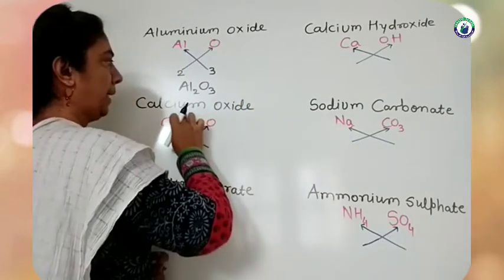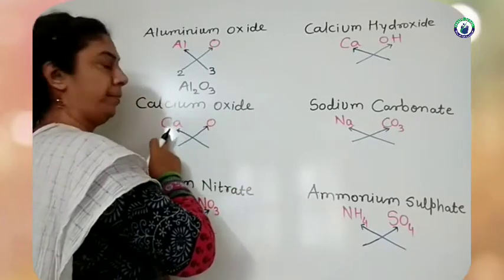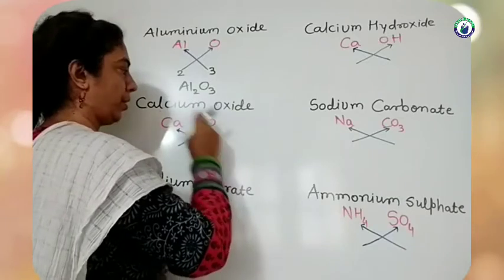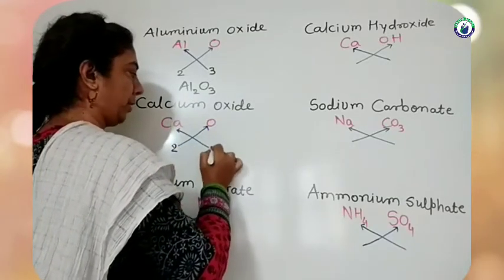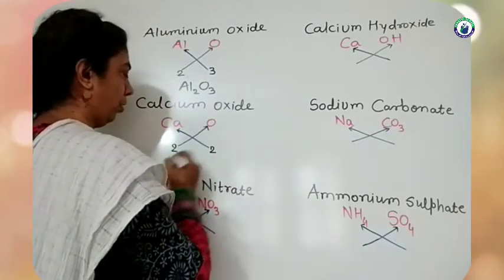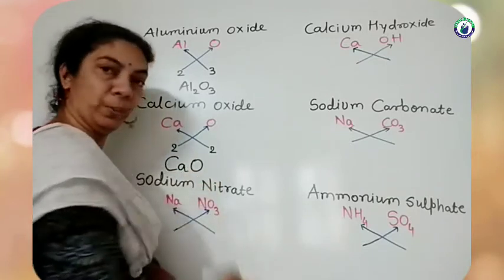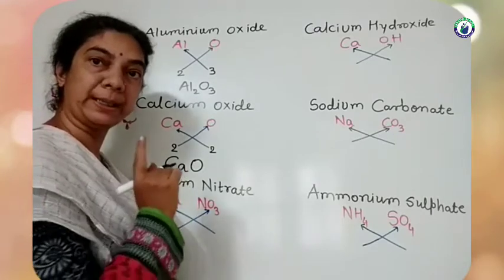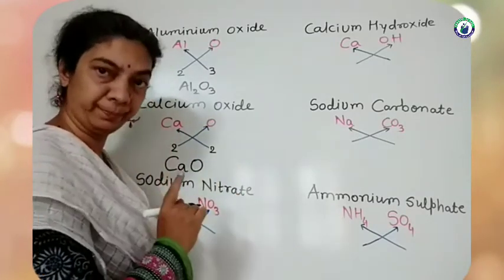Likewise, calcium oxide. Symbol of calcium is Ca. Oxide, that means oxygen. The valency of calcium is 2. Oxygen is also 2. So we are having the formula of calcium oxide as CaO. Again remember, it is not Ca2O2, only CaO.